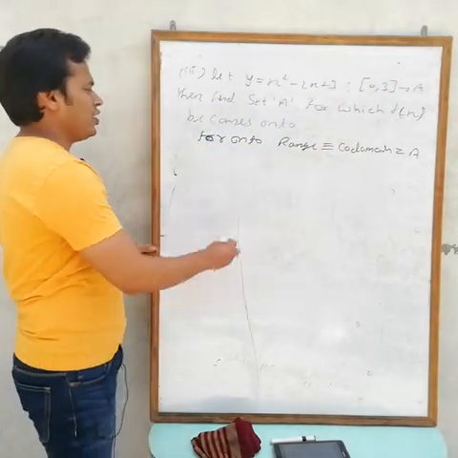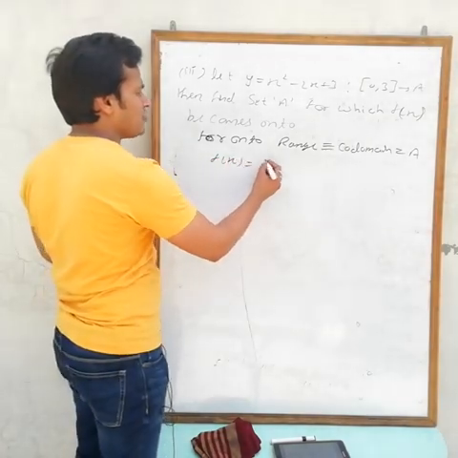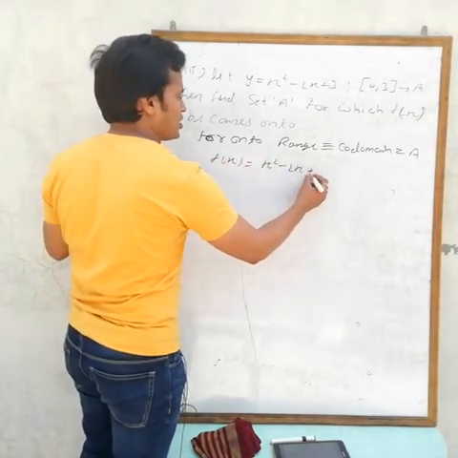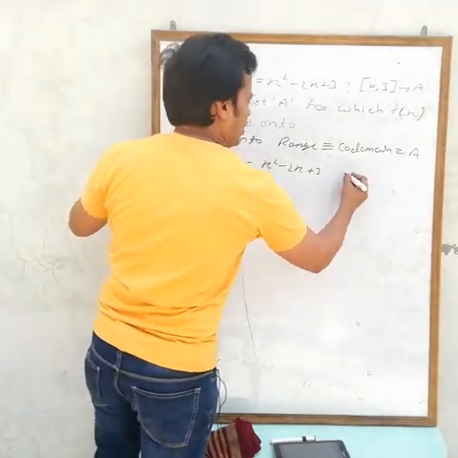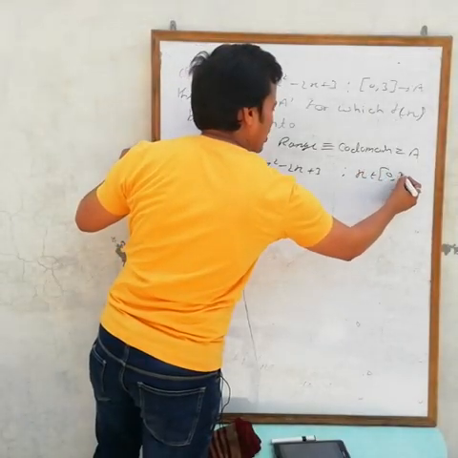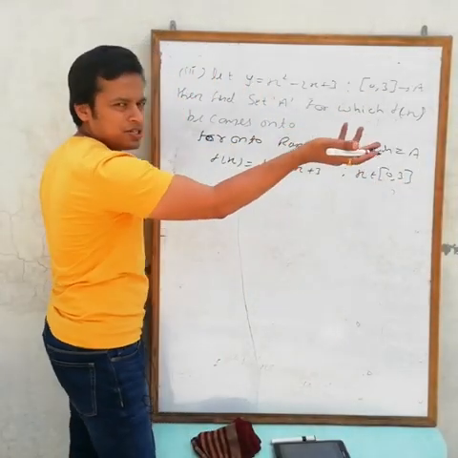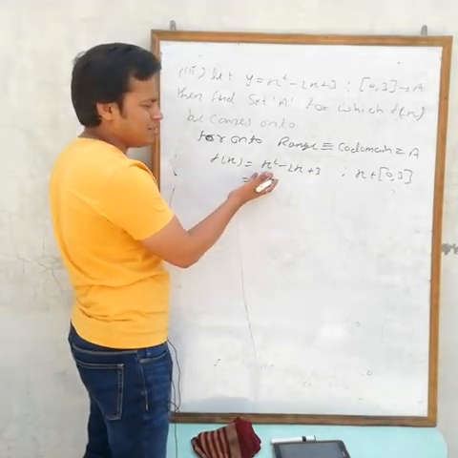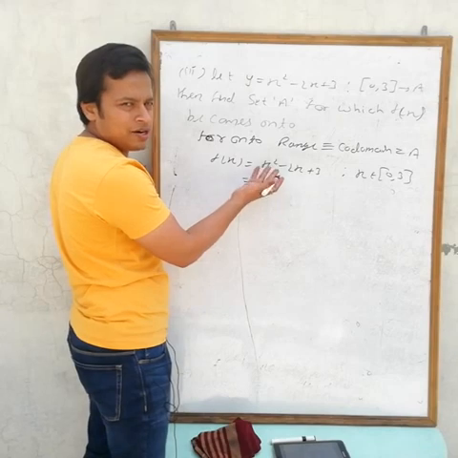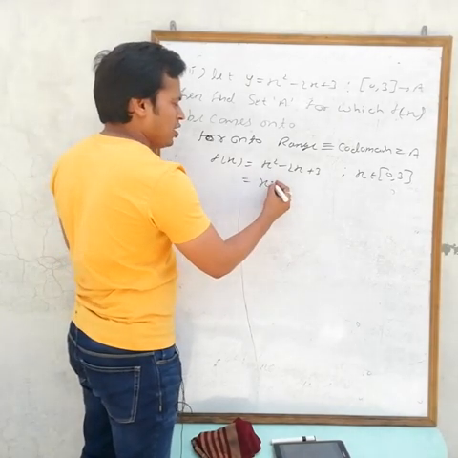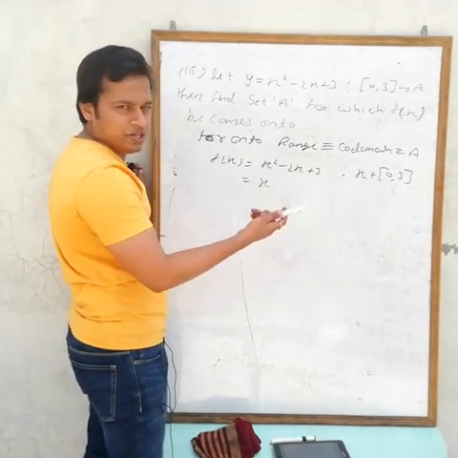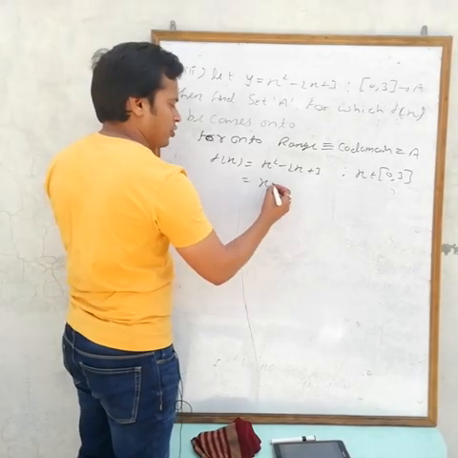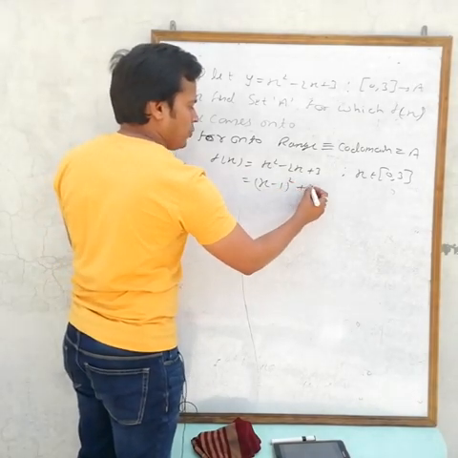Here f(x) is equal to x square minus 2x plus 3, and x belongs to 0 comma 3. Only those values of x you can take now, because this is the domain. Again I want to draw the graph of this. This is a square, a quadratic polynomial, easily I can draw. If this were a degree 3 polynomial, then use differentiation to draw the graph, but we can write it as x minus 1 whole square plus 2.